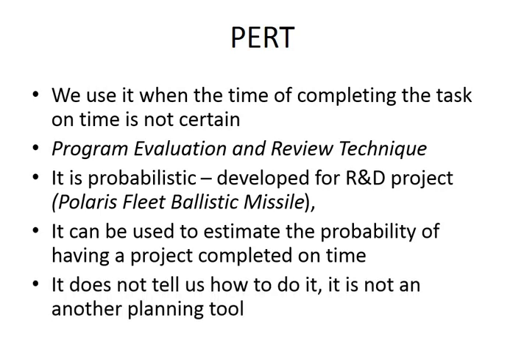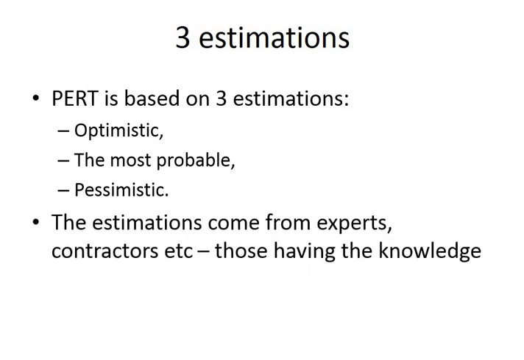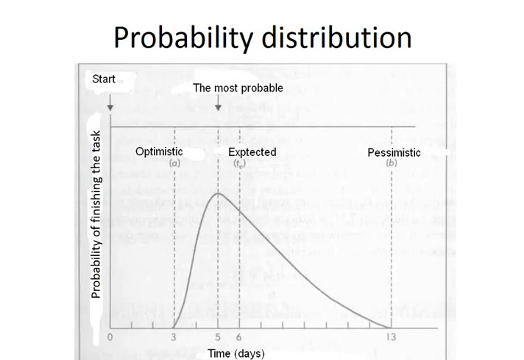It is just that. In order to use PERT, you need to have 3 different estimations per each task that is included in your project: optimistic, pessimistic, and let's say the most probable. You get them from your task managers, experts, and so on. From a graphic point of view, it can be shown like that. So the optimistic is the shortest, of course, and the highest probability is here.